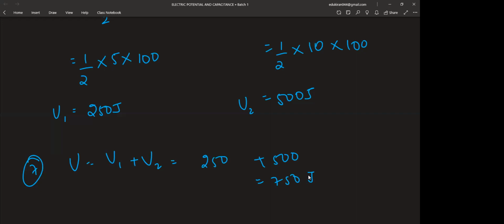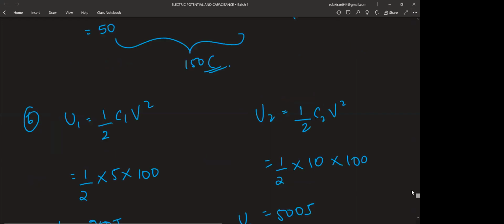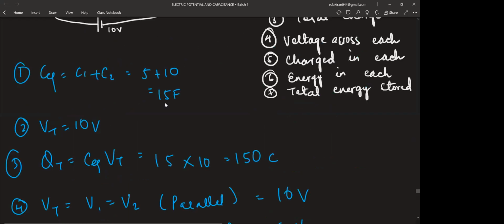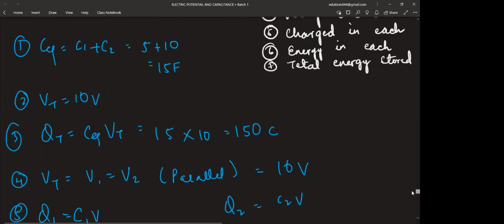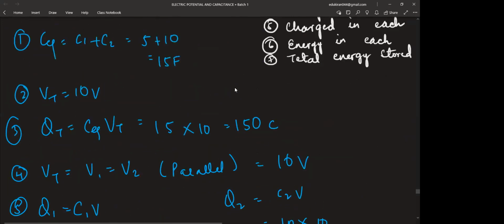Otherwise, you can use half C equivalent into V square. Same answer you will get, 1500 divided by 2, that would be 750. Solve it now. We will see some better circuits which will involve combinations of series and parallel. Write it, class, and please start answering in the class.